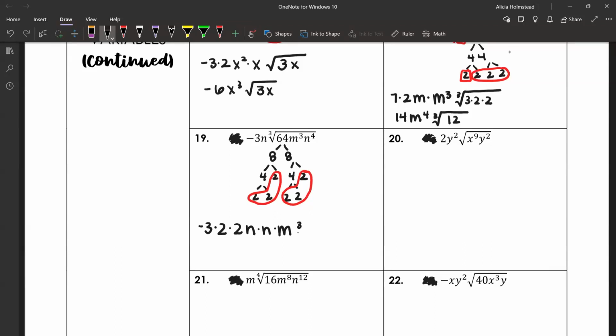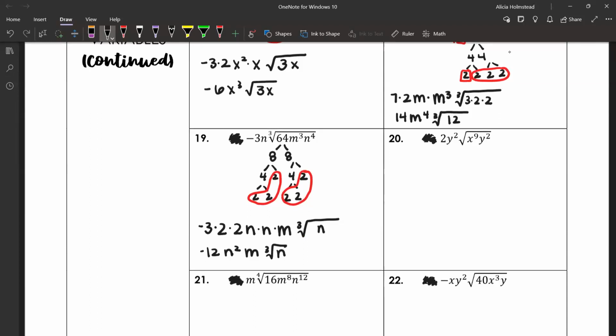Then we can write our radical sign. There's no numbers left over, there's no m's left over, and there's one n. Then if we simplify, negative 3 times 2 is negative 6, times 2 is negative 12. 2 n's is going to be n squared, 1 m is m, and then we have the cube root of n.